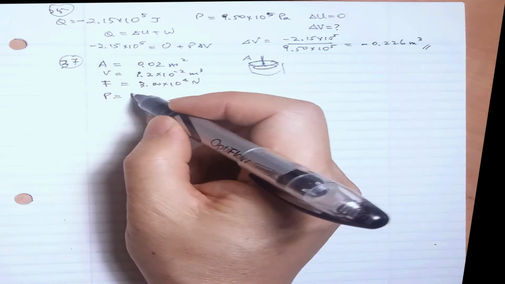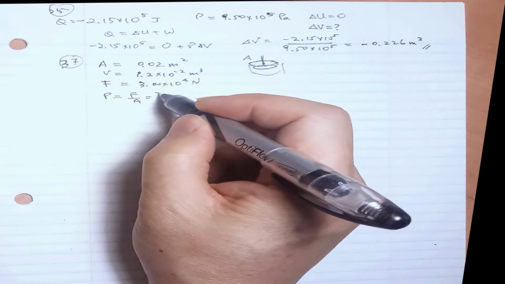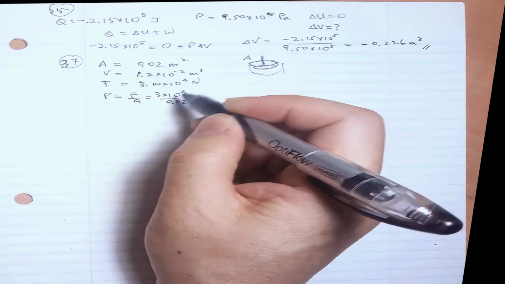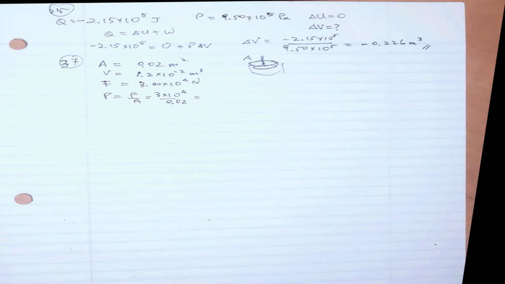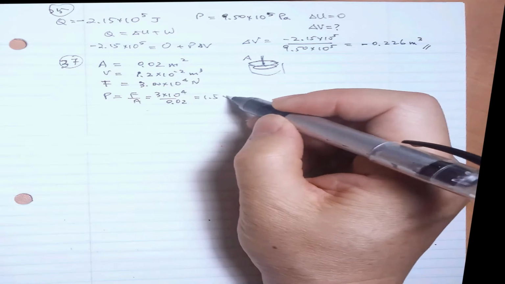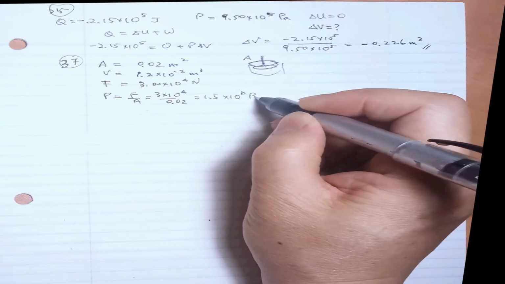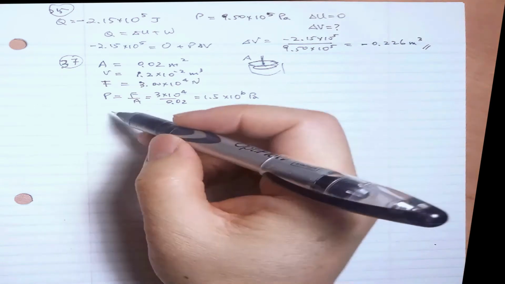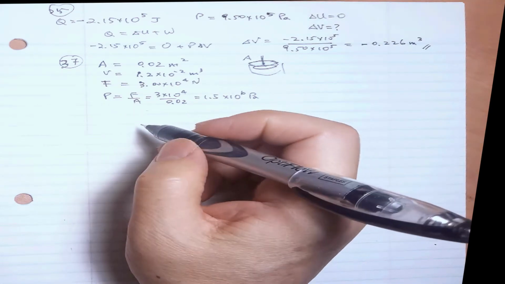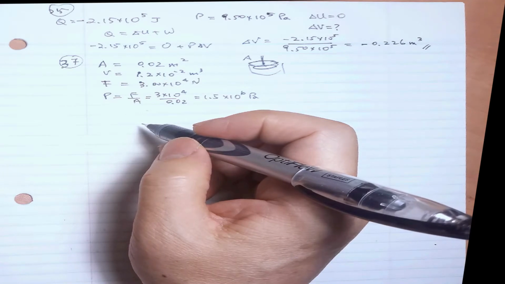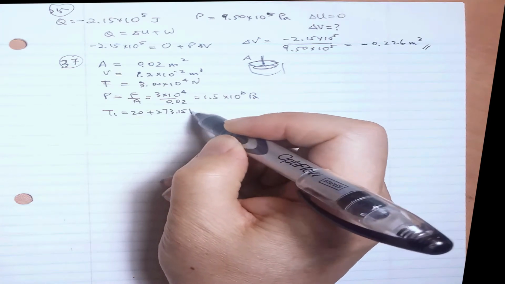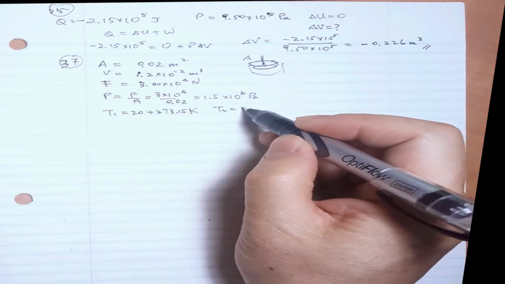Because force over A will be the pressure, so you can figure out what the pressure being applied is, and that will be 1.5 times 10 to the 6 Pascal. So really what they're telling you is just the pressure. The temperature of the system is increased from 20 degrees to 50 degrees.